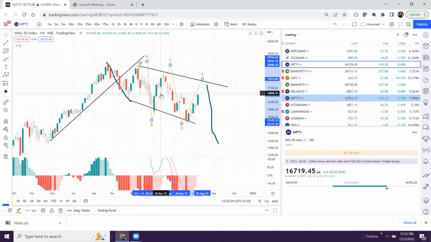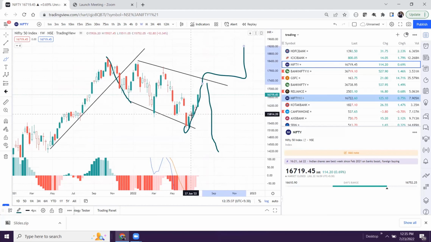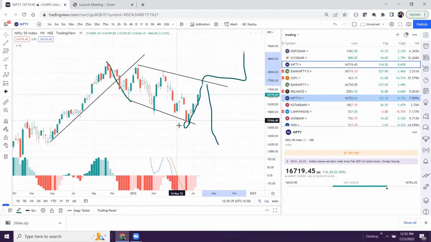Now suppose this correction has ended here. And this is now the next big impulse. So at this point we don't know whether this is the next impulse or this is just a corrective structure. Let us now see on the daily time frame.